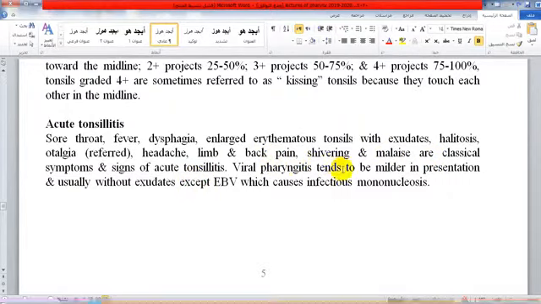Viral pharyngitis tends to be milder in presentation and usually without exudates, except in infectious mononucleosis, which causes glandular fever, which we spoke about previously.